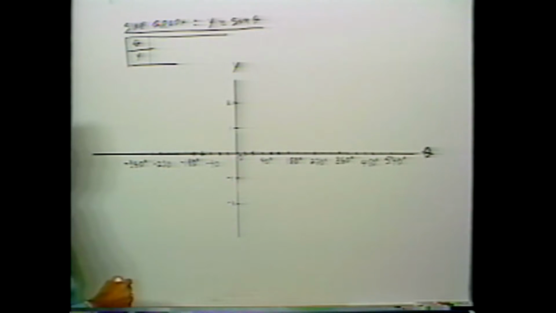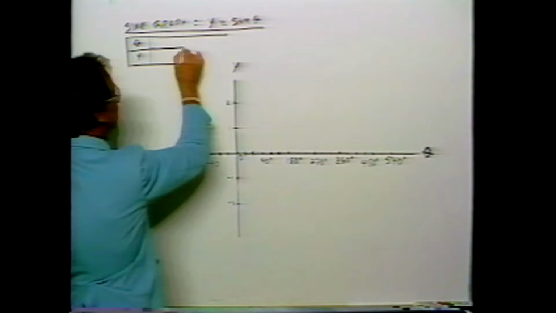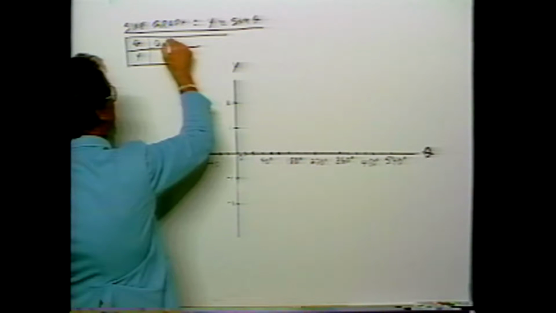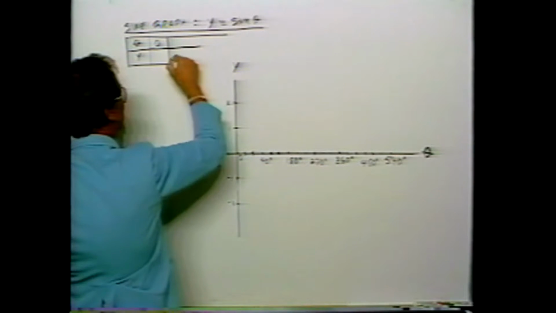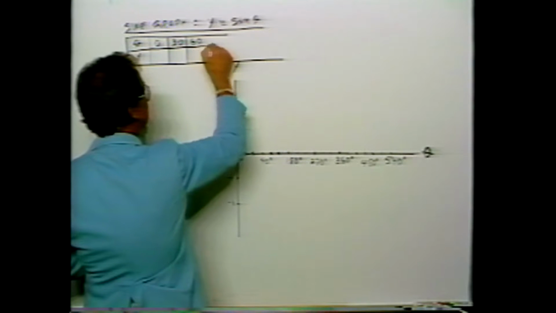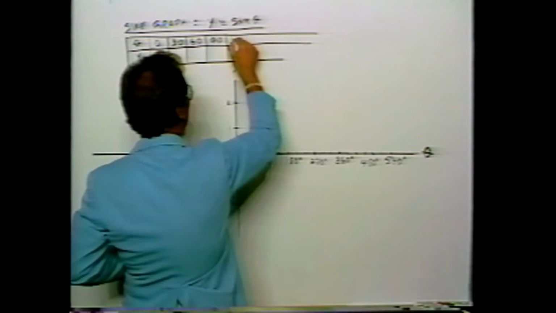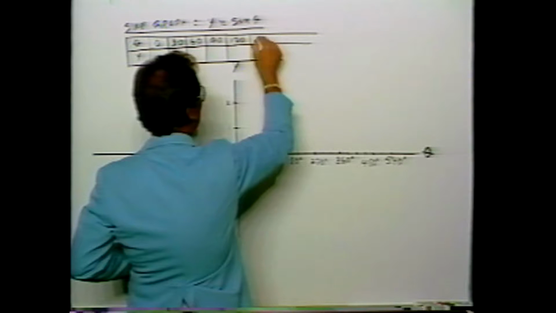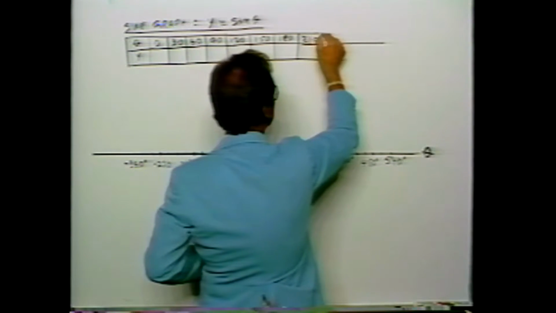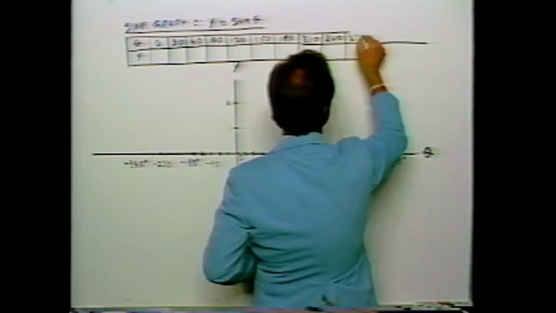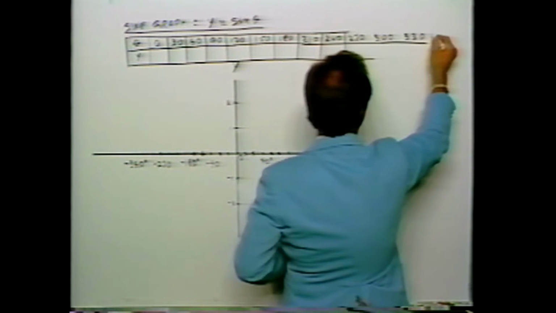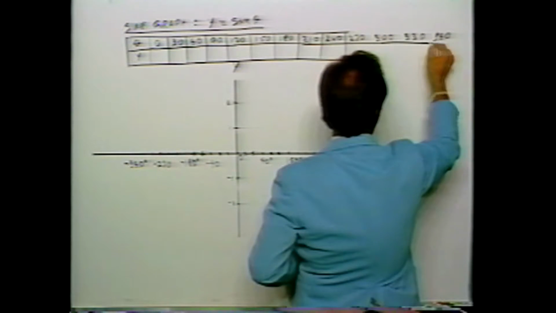So using the calculator and calculating for sine of 0 degrees to start with, 30 degrees next, 60 degrees, 90 degrees, 120, 150, 180, 210, 240, 270, 300, 330, 360, and that's as far as we'll go.